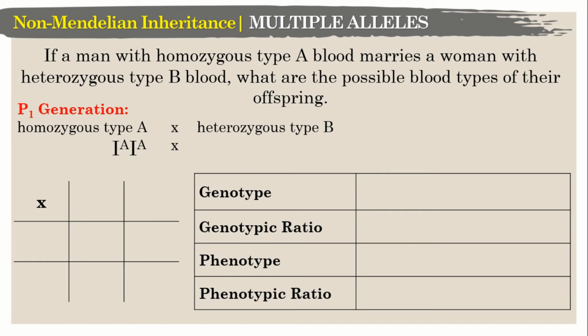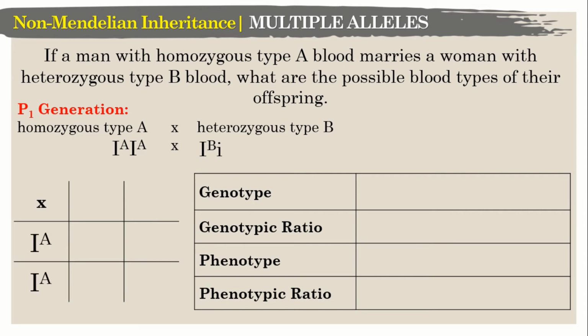And he married a woman with hybrid blood type B, or heterozygous, meaning to say, different. One capital B and one small i because it is hetero. So one blood type B, one gene for O. That's why you have I^B, then you have small i.